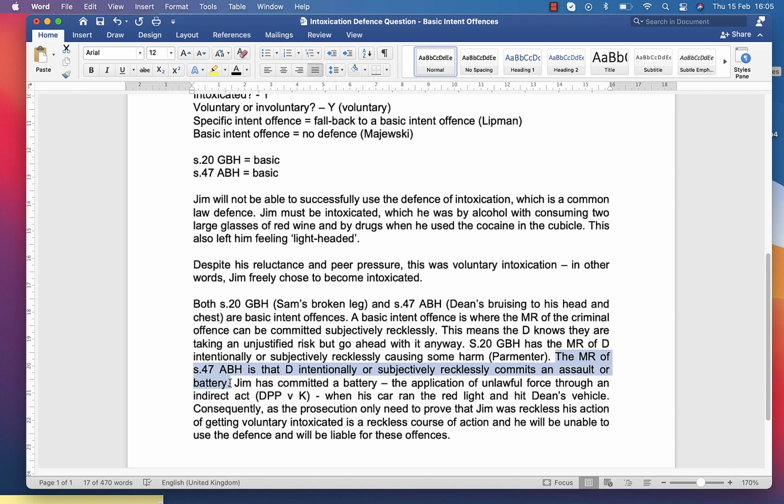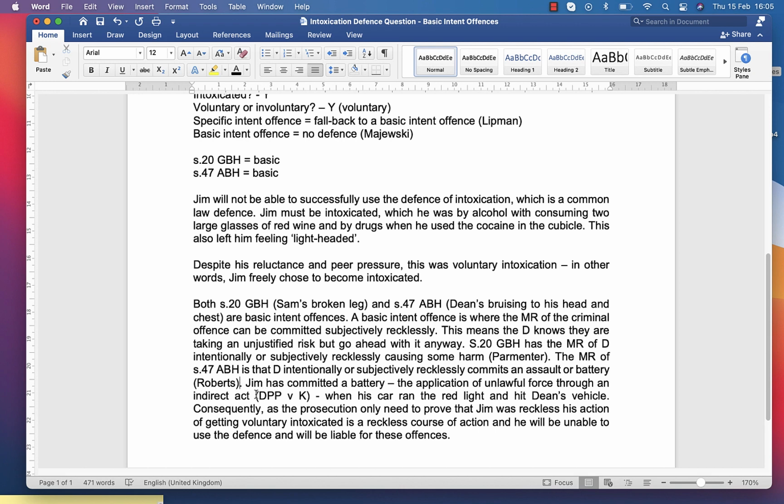Excuse me. And then we've got here, forgive me, I think I'm going to put in the case of Roberts, which is the case we used to support that mens rea. And then I put, Jim has committed a battery, the application of unlawful force through an indirect act, namely the vehicle.